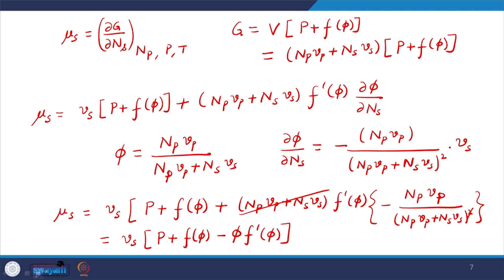So, let us imagine that we have two phases that are not under equilibrium. So, clearly when that is present, then there is some exchange happening between the two phases, right.